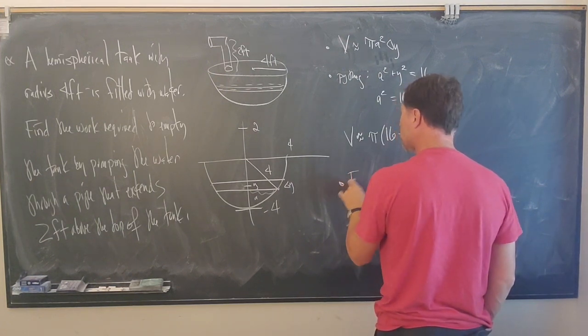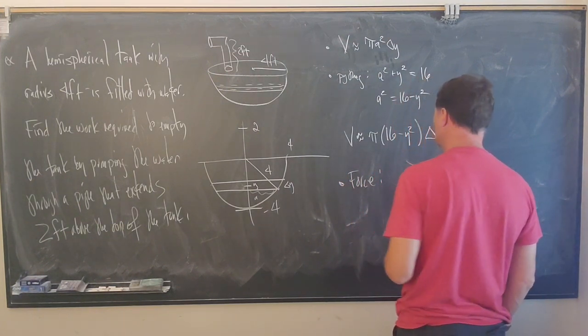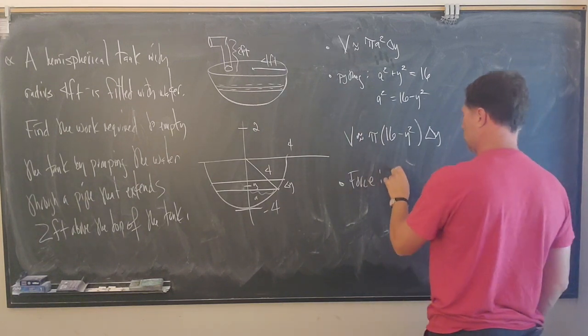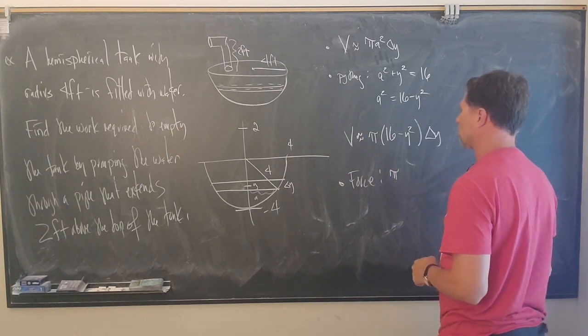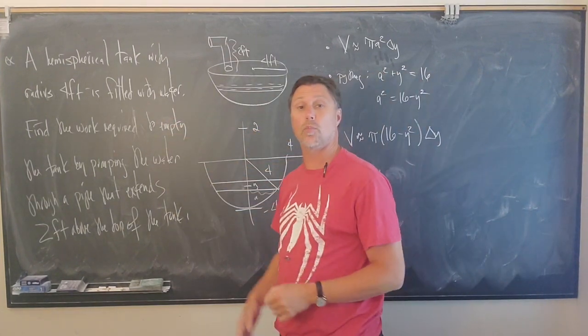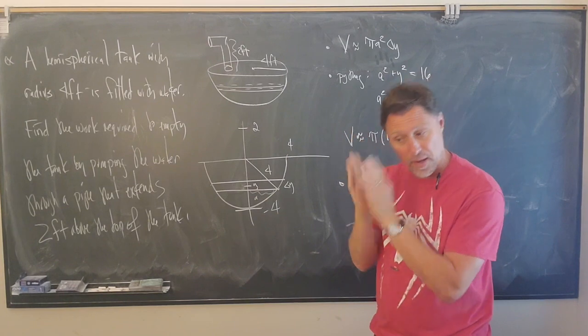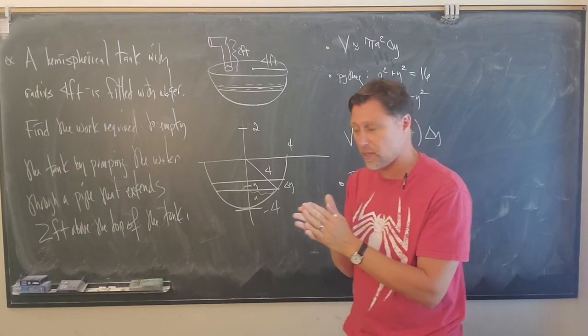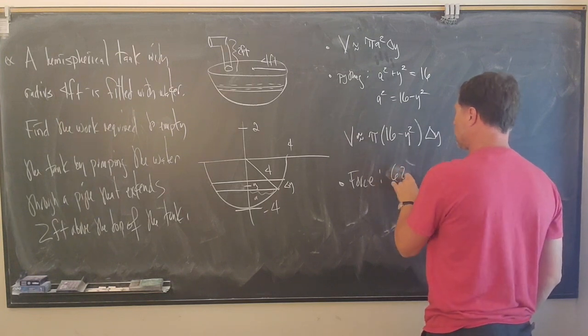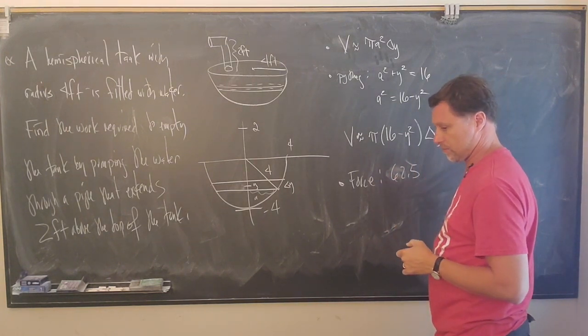Now the force. Since we're working with feet, you don't multiply by 9,800. If you're working in the metric system, multiply by 9,800. In the US system, the density is 62.5.